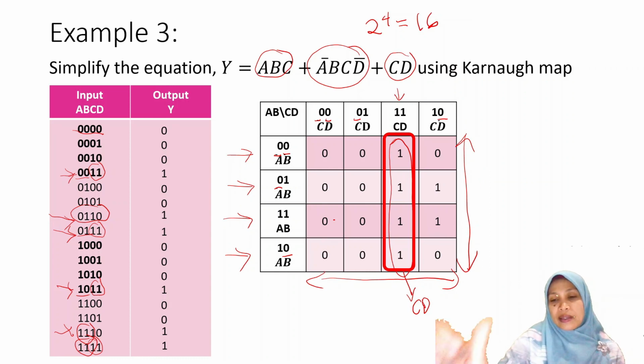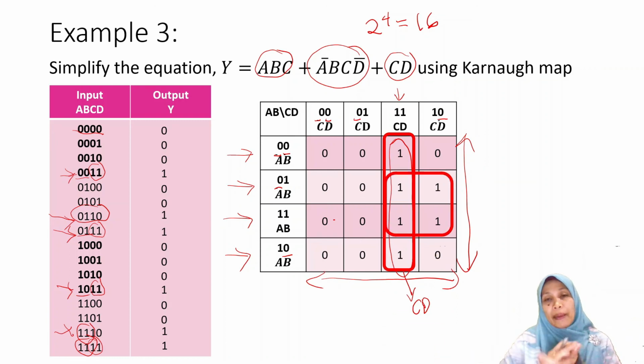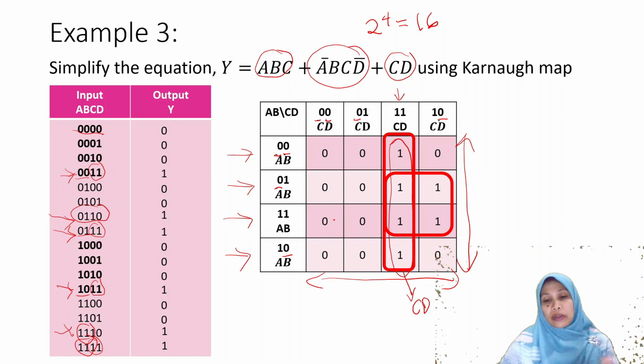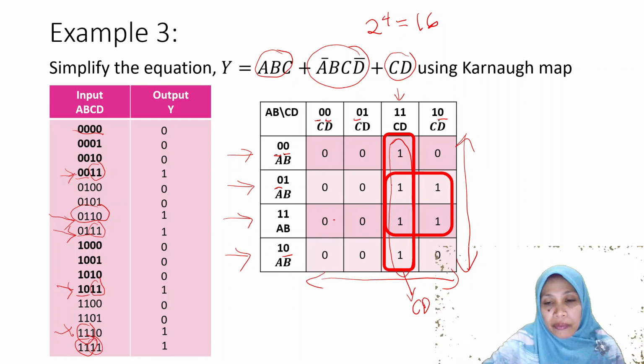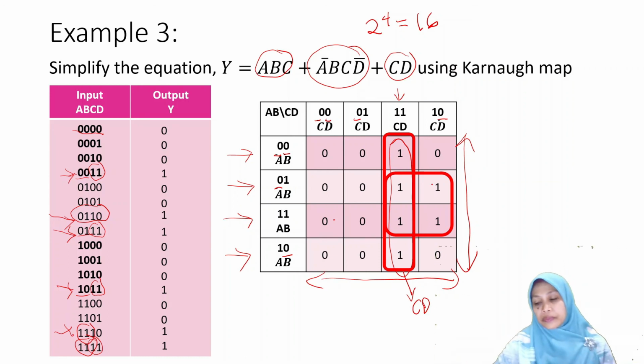And next we still have a 1 to group, and then we can make it as a group of 4. Okay, it is okay to overlap the group because our aim is to find the biggest loop. Okay, so we can overlap the value 1 here, so that we can have the group of 4.